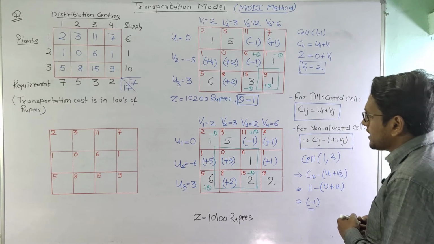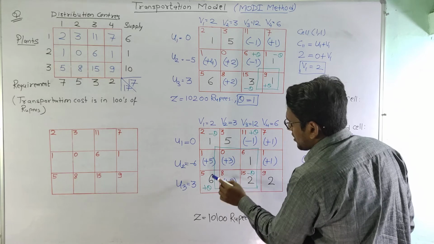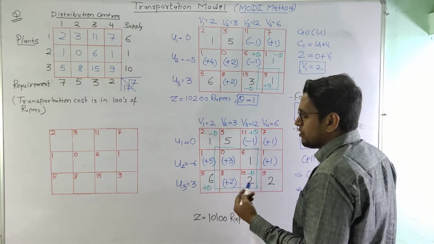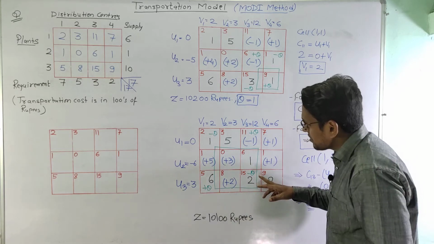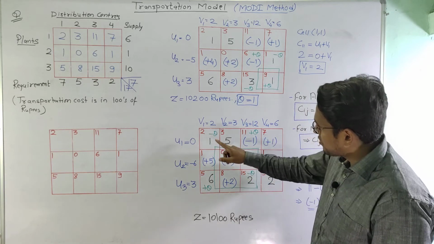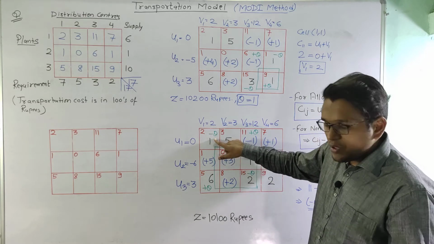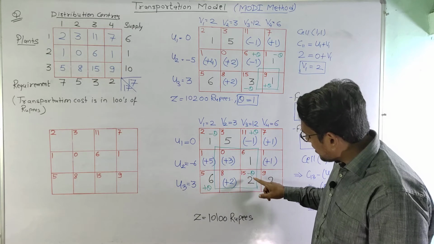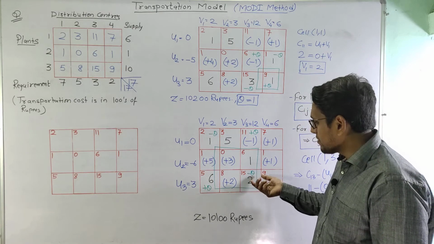Now let us see what will be the value of theta. We can see that where we have plus theta, we do not have any restriction on the value we can allocate, but in case of minus theta, we need to see that this is 1 minus theta and this is 2 minus theta. So here the value of theta is limited to 1. Theta can be only 1, and in this particular cell theta can be only 2, because 2 minus 2 will be 0.